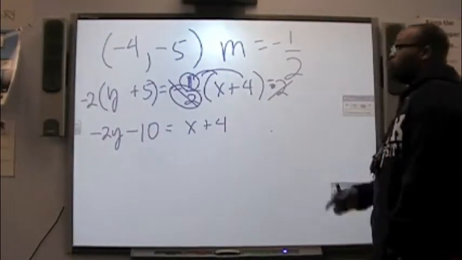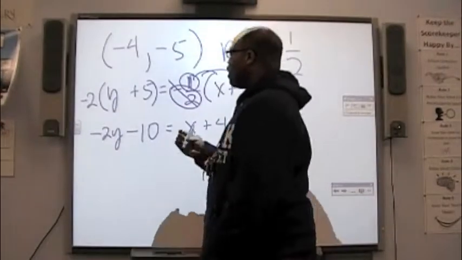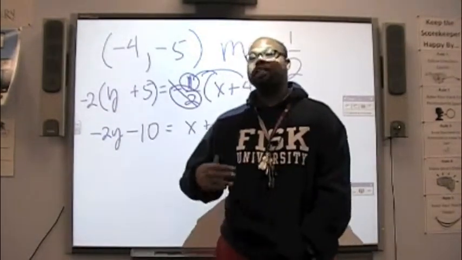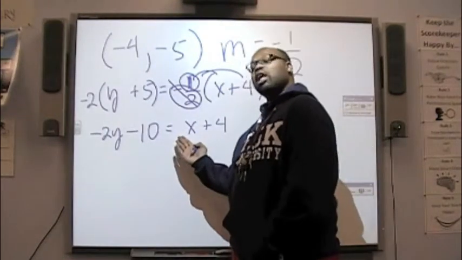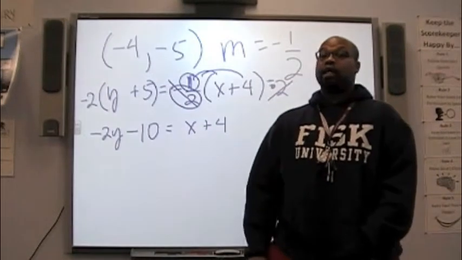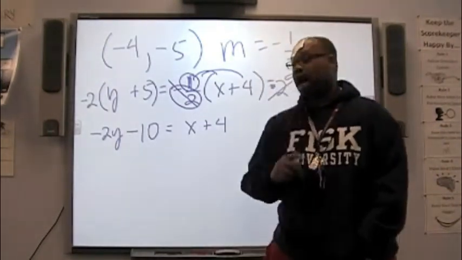Now I need to remember that in standard form, the coefficient to x is always positive. Right now my coefficient to x is 1 and it's positive. I'm not going to move this x because I want it to stay positive, so I'm going to move the y instead.